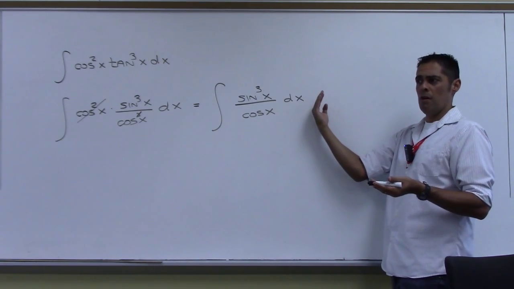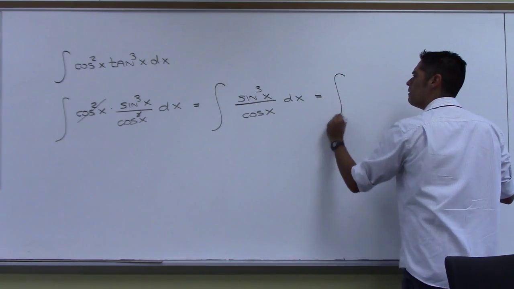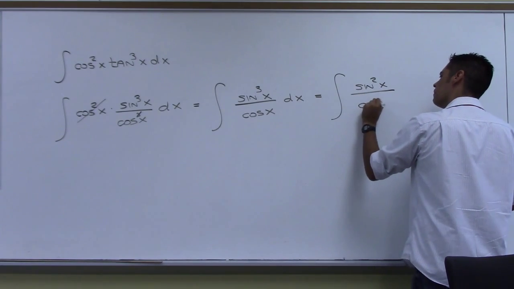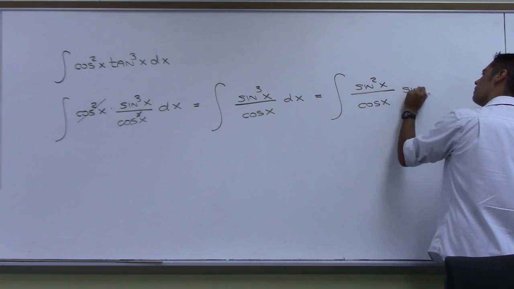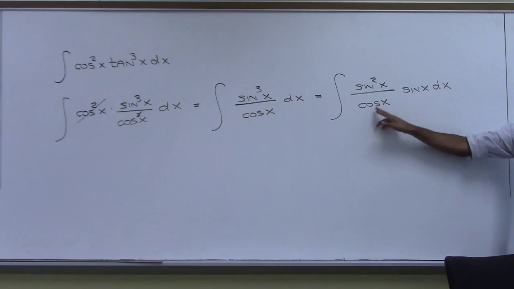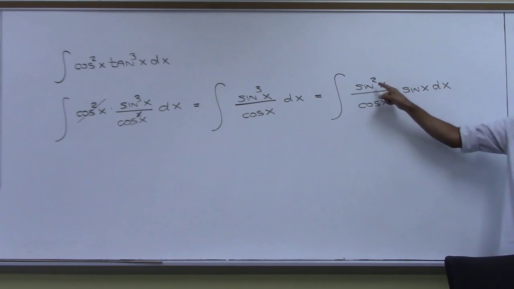But you'd have to peel one off, wouldn't you? So let me peel one off first. Now I could make that u substitution. u is cosine x. The derivative of it is negative sine x, which is here. I'm off by a negative. But how are you going to deal with sine squared?